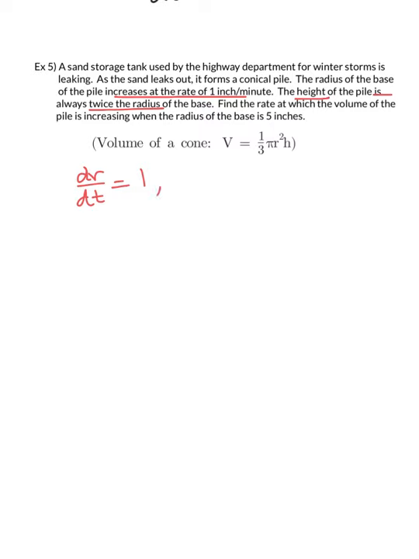So they are telling us that h equals 2r. The question says, find the rate at which volume is increasing. So dV/dt is what we're looking for. And then it just says radius is 5. So we are told r equals 5.